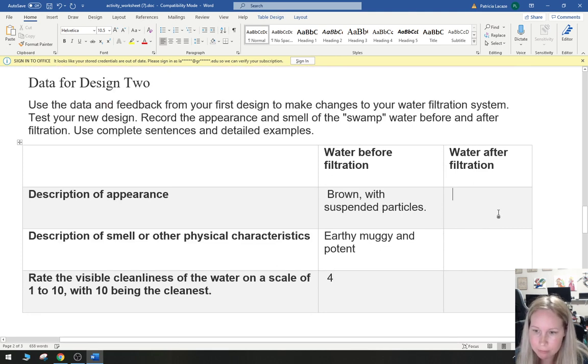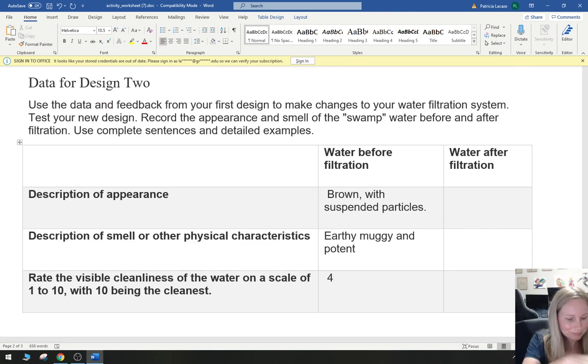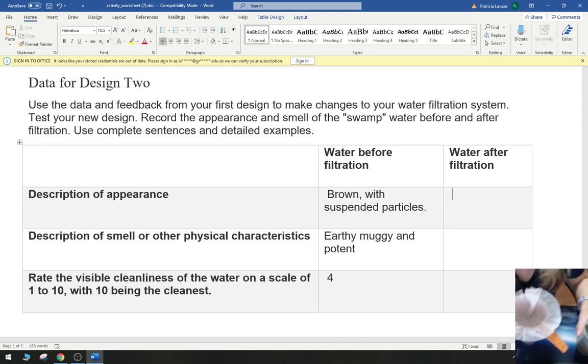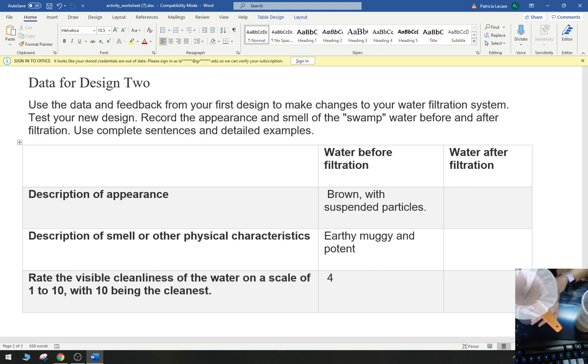Alright, after. Let's do our experiment. Here's the fun part. Alright, pour. 3, 2, 1, pour.